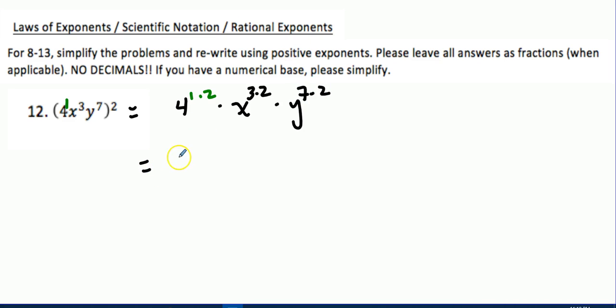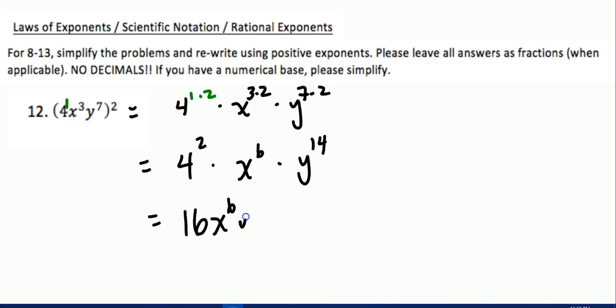And we end up getting out 4 squared times x to the 6 times y to the 14th, which is going to be 16 x to the 6 y to the 14th. We only have positive exponents. There are no decimals. And we can't simplify anything. That's our answer.